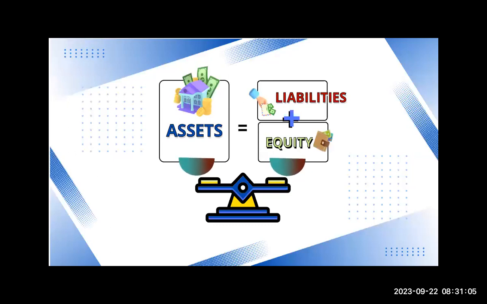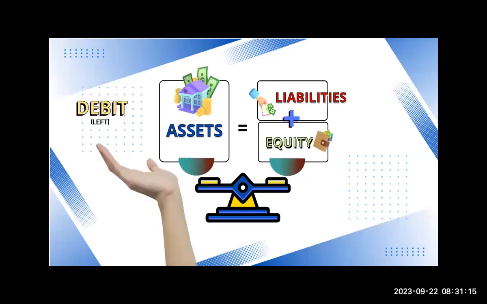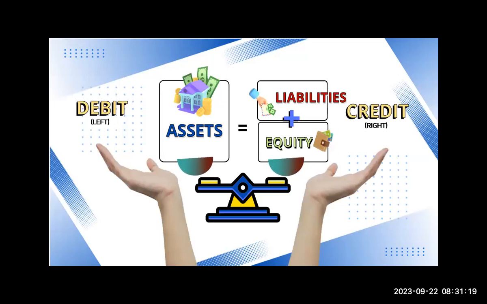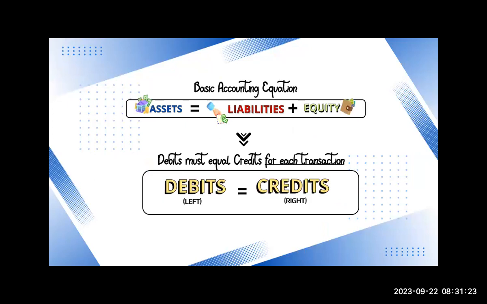So, if we look at it as a balance in terms of the accounting equation, assets are on your left should equal your liabilities plus your equity on the right. So, debit, your left, should equal your credit or your right. So, going back to our first basic accounting equation, if our accounting equation is assets is equal to your liabilities and equity, that was our God equation for chapter 1.